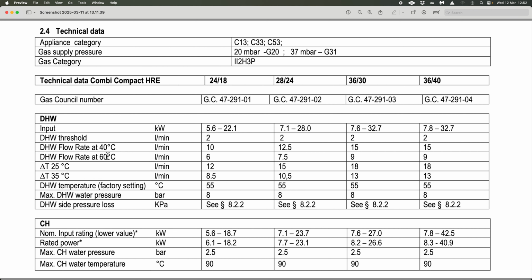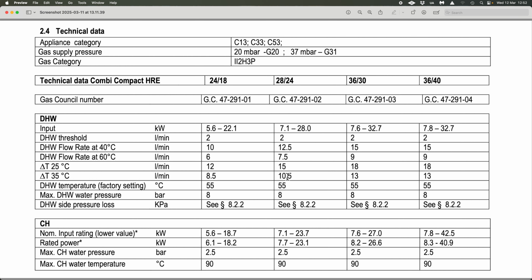Again, that's a DT rise of 25 degrees at your outlet, and that's a DT rise of 35 degrees. So you'd automatically expect the flow rates to go down because you need more energy to heat it up, so it would slow down. So instead of 15 litres per minute, you've got 10.5 litres per minute.